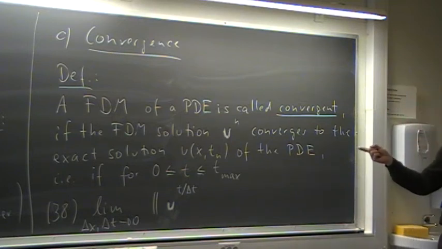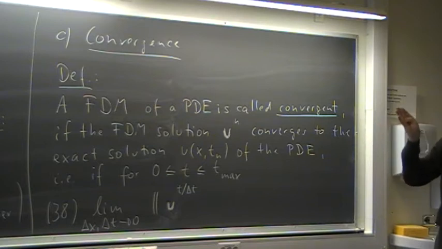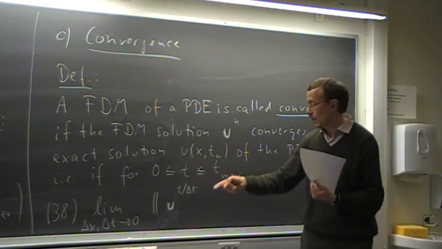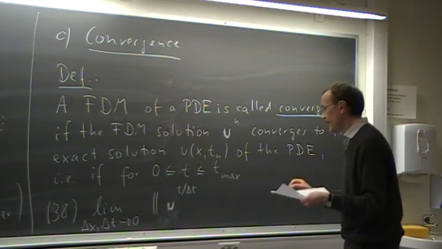So we prefer this because then we are always going to the right time. When we refine the grid, then we have to do more time levels. So by that expression we get what we want.